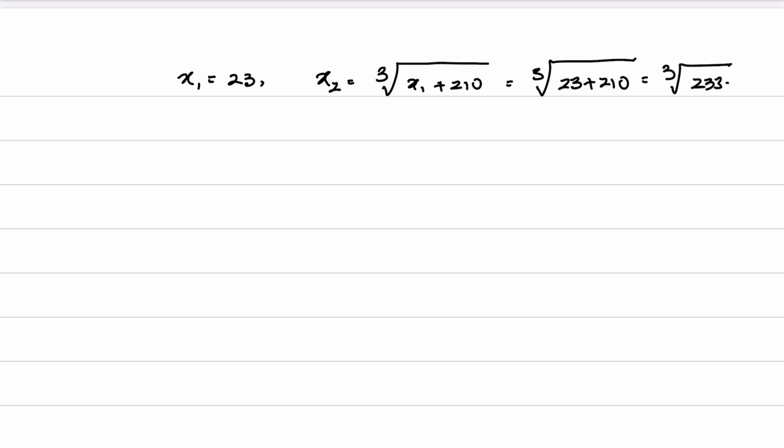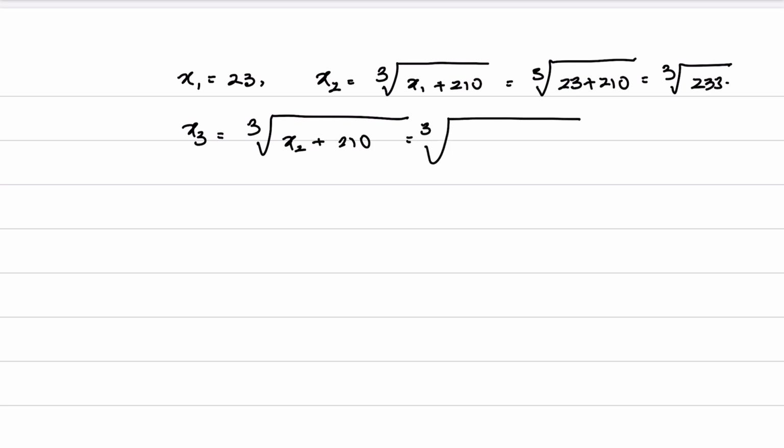Now, what will be the x3 value? x3 is equal to the cube root of x2 plus 210. That is equal to the cube root of 233 plus 210.